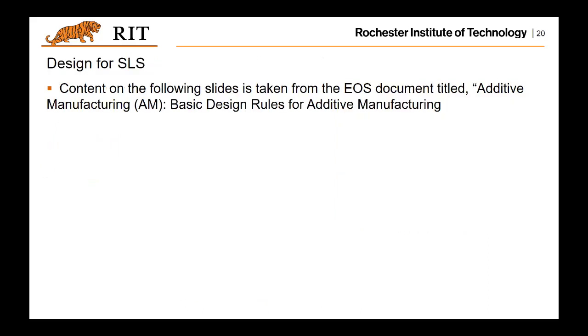So there will be some design principles for selective laser sintering, and that will be different from the ones you use for designing parts for other processes, because it has all the powder filled in the box, and most of the time, you don't need to care about the support material, and that changes the whole design quite a bit.